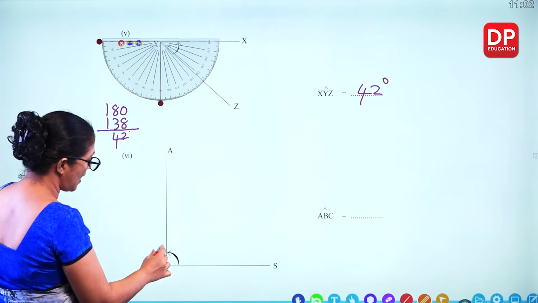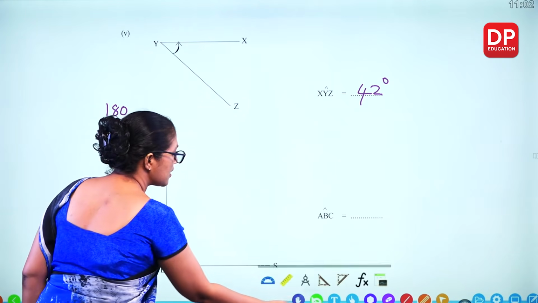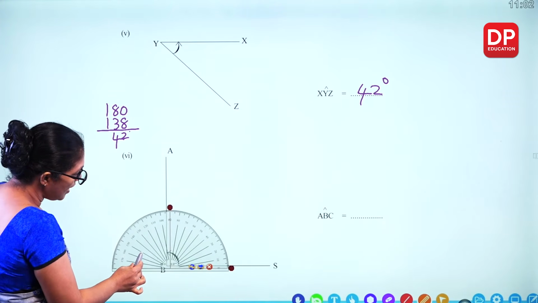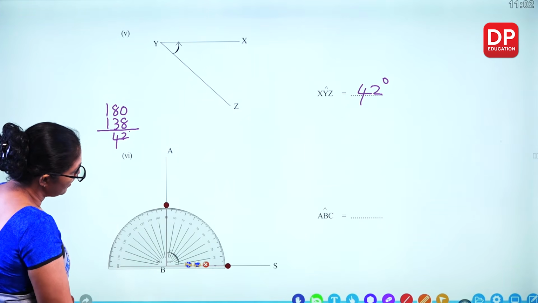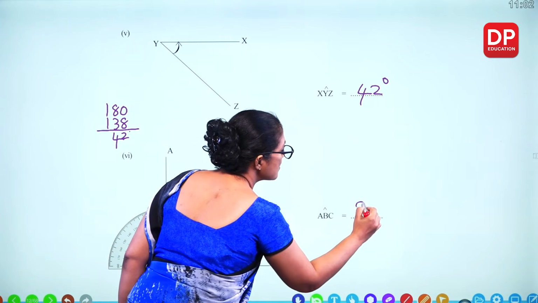ABC. So this angle we need to measure. So I'll take the protractor, keep on this B to the origin. I can see exactly 90 degrees.